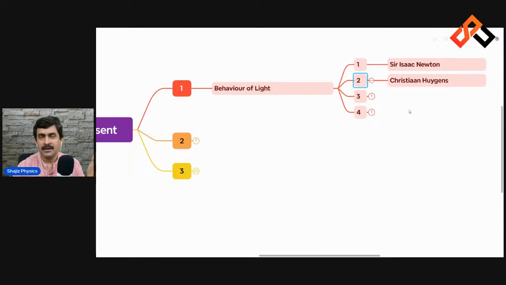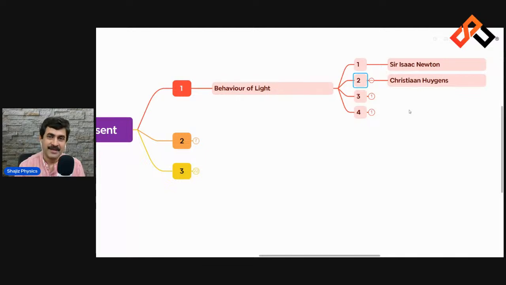Both Newton and Huygens were contemporary scientists, but the theory proposed by Huygens didn't receive much appreciation because of two things. One, Newton had immense domination among scientists. Whatever was proposed by Newton was considered the final word or authority in science in those days.